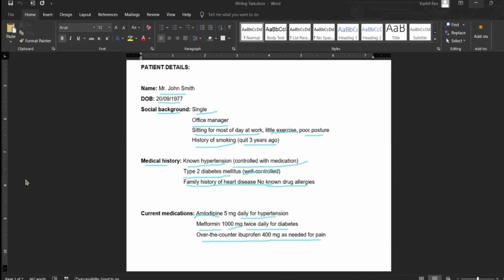And now, as I'm reading, over-the-counter ibuprofen as needed for pain. For now, in whatever I've read through, what is the pain for which he is taking this ibuprofen? Can anybody tell me? So far, what has been mentioned in the case notes for which Mr. John Smith is taking a painkiller?